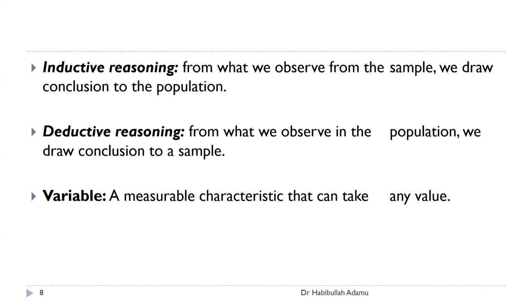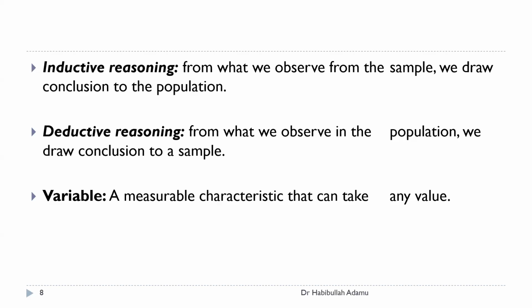So you conclude that this student is from that school. That is deductive reasoning. You have your information on a whole school, and now you are drawing your conclusion to a particular individual or to a sample.